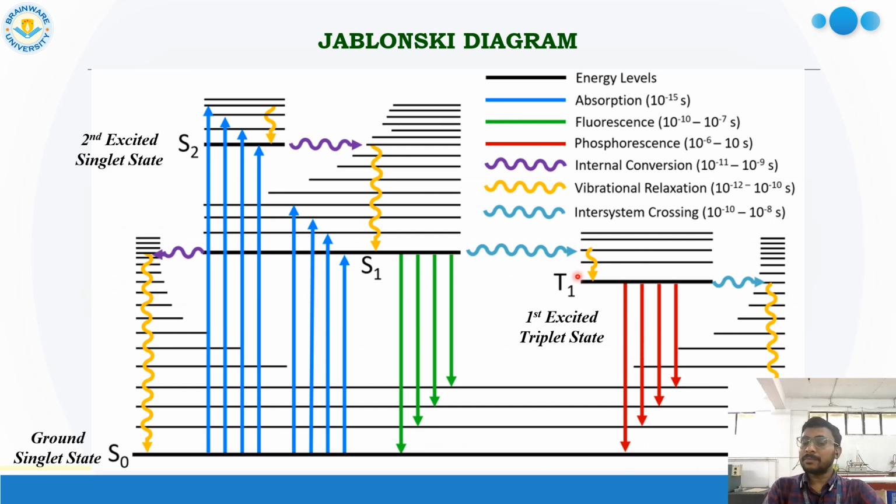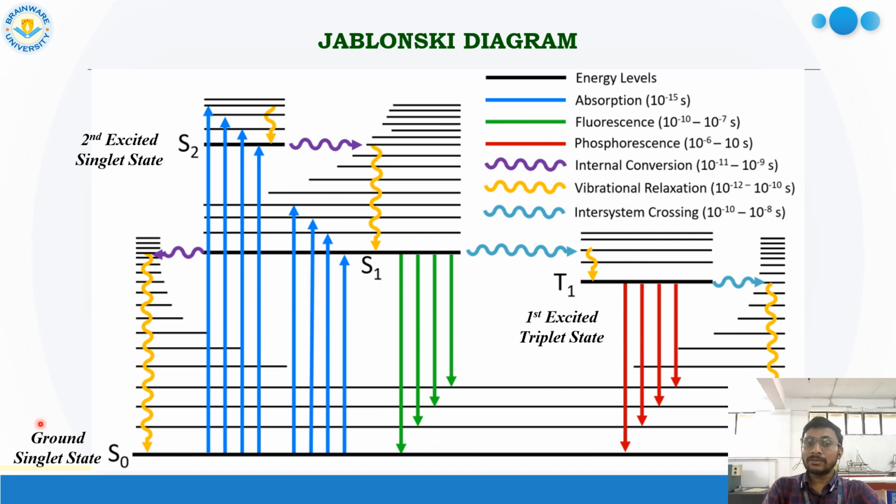And then we have triplet state. Triplet means the two electrons are not paired, they are in the same spin, so they are forming a triplet state. Okay. So this is S0. S0 means ground singlet state of the electronic levels. This is S1, where one signifies first singlet excited state.